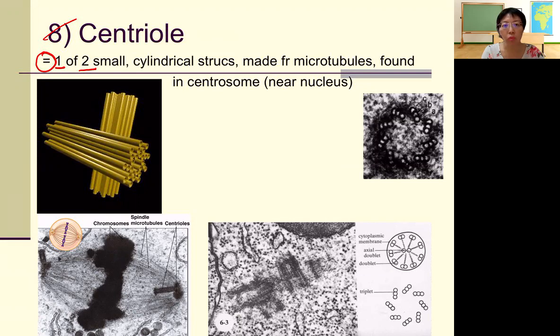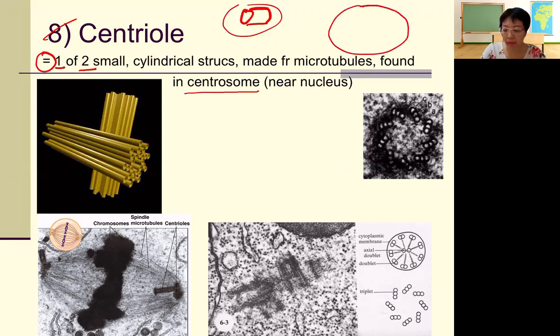One of the two small cylindrical structures made up of microtubules, found in the centrosome near the nucleus. So if this is a cell and this is the nucleus, you will find the centriole in a region near to the nucleus. This region here is called the centrosome.